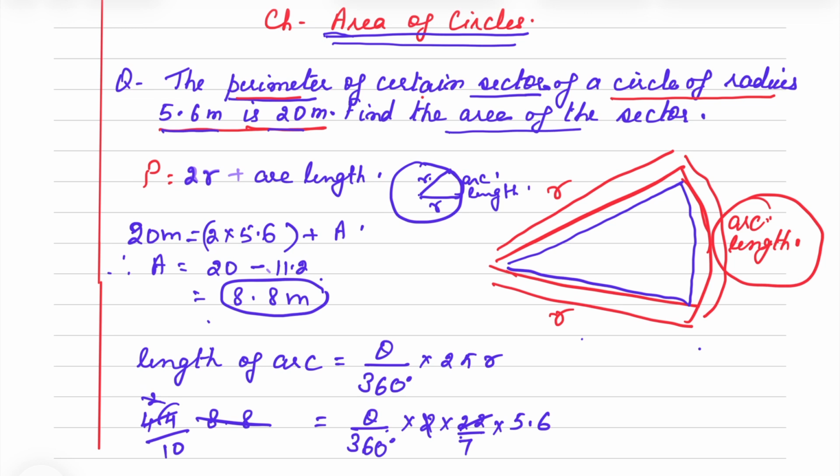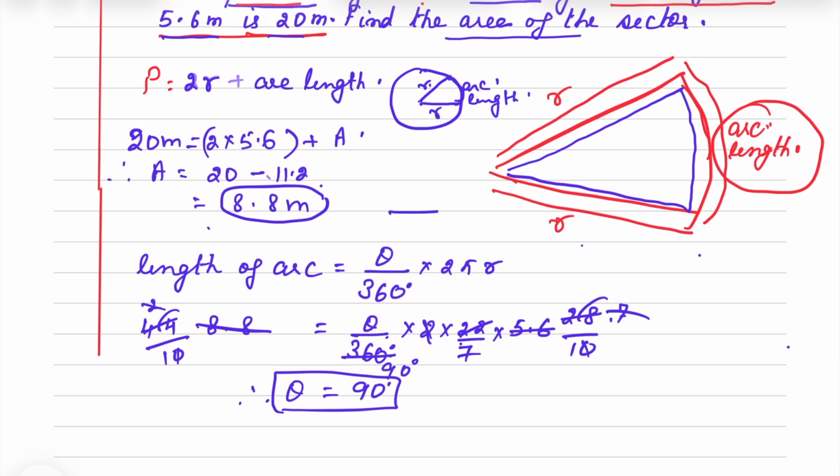Cancel again, 2 and 22. 5.6 with that is 2.8 by 10, 7, 360 and 2.8. You simplify according to your choice, whichever is divisible. We can simplify, and after simplifying, theta is 90 degree.